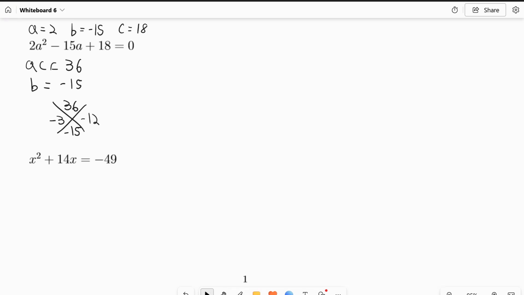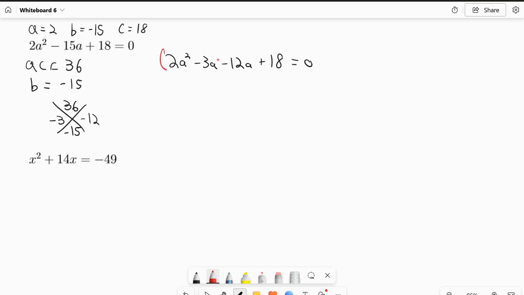So for this one, I'm going to factor by grouping. If you do the Holland method, that is okay as well. So by grouping, that would give me 2a squared minus 3a minus 12a plus 18 equals 0.